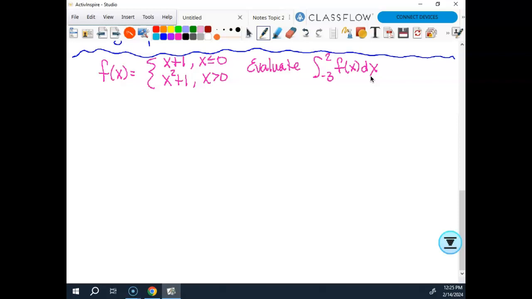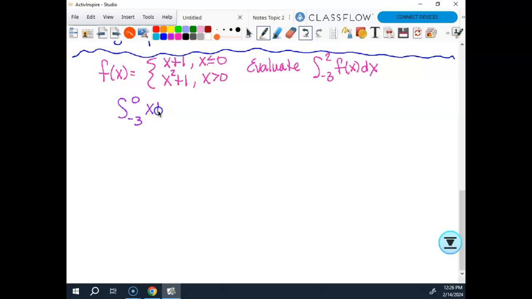So when I actually do this, I'm going to have the integral from negative 3 to 0. Which function do I use from negative 3 to 0? The first or the second? First, because x is less than or equal to 0, right?